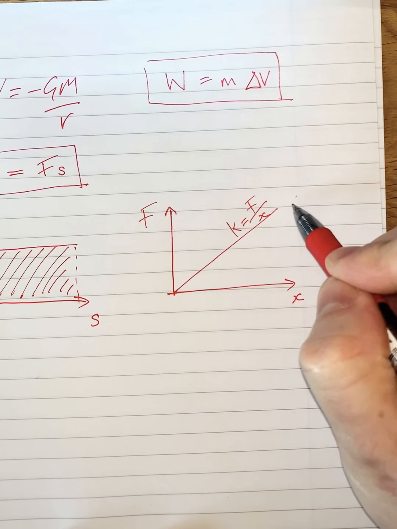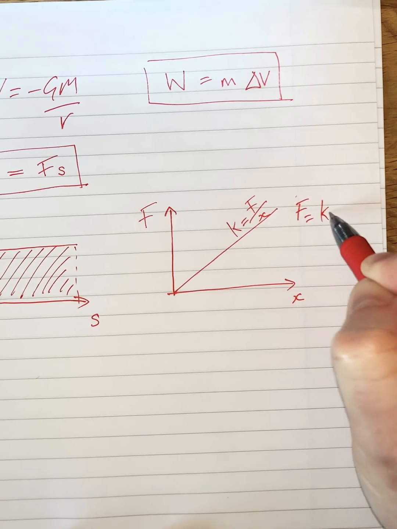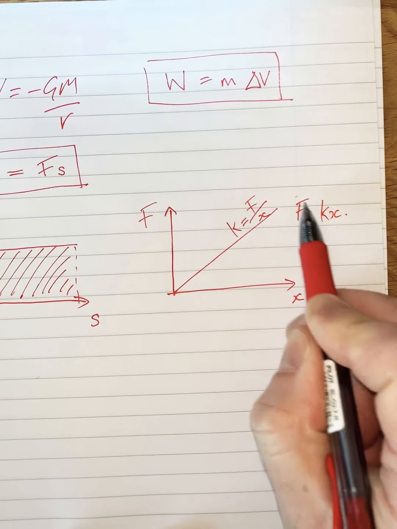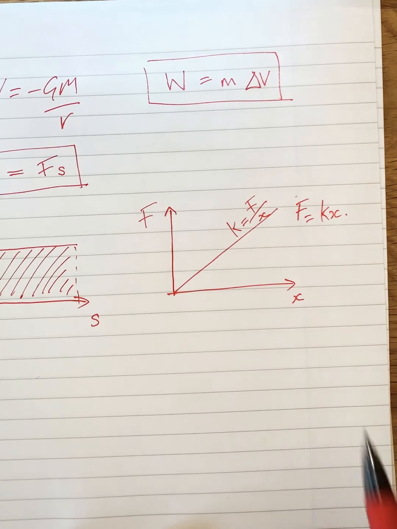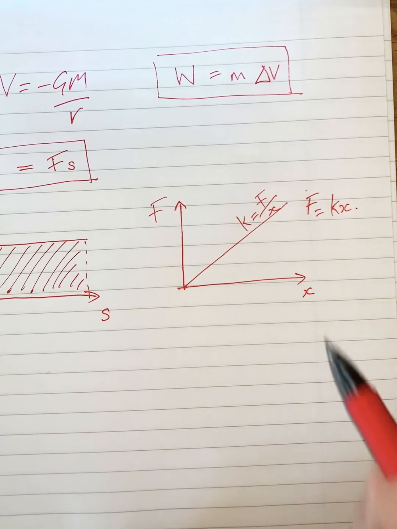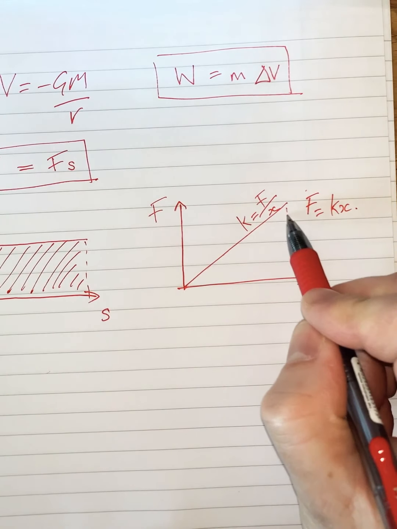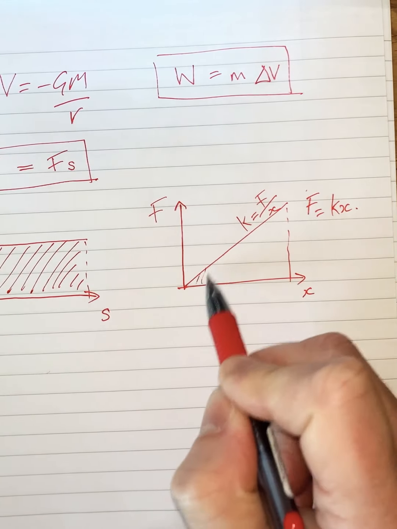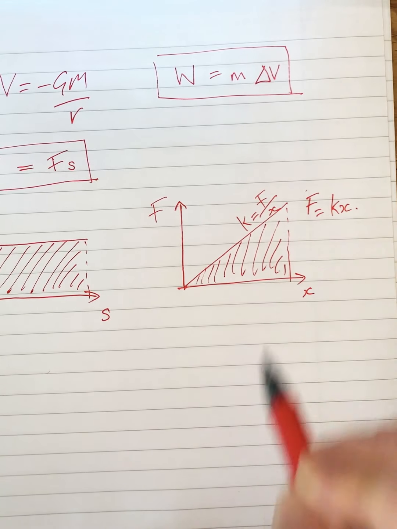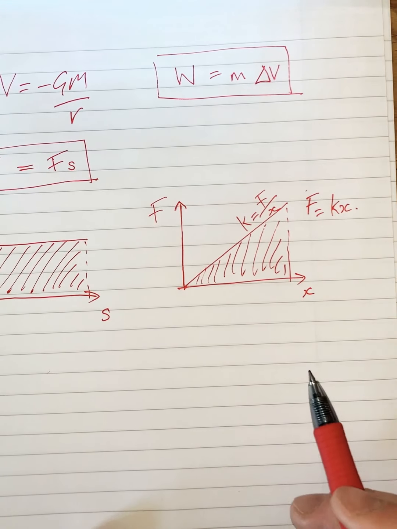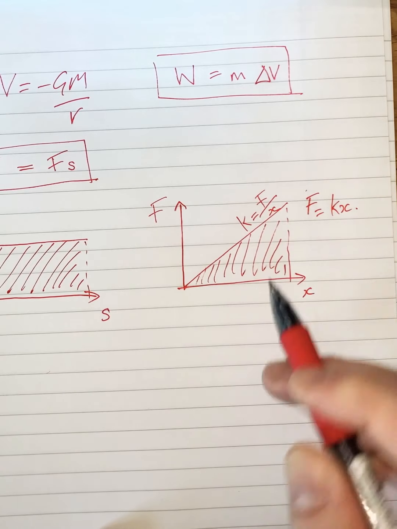So the force applied is linked to how much you're stretching it by. But back to working out the work done, you're still going to find the area under this force extension graph, except this time you've got this nice simple triangle.